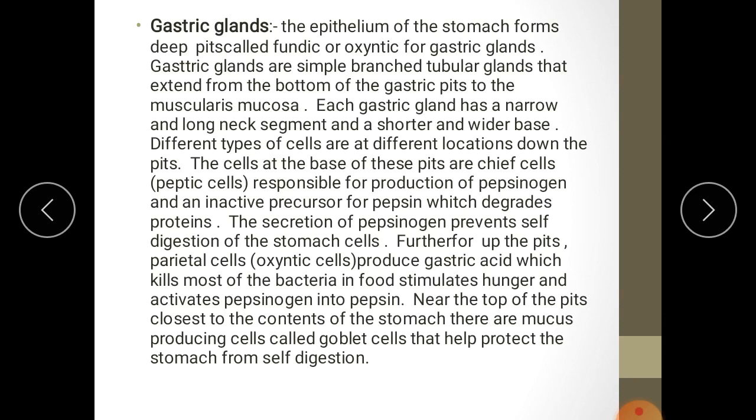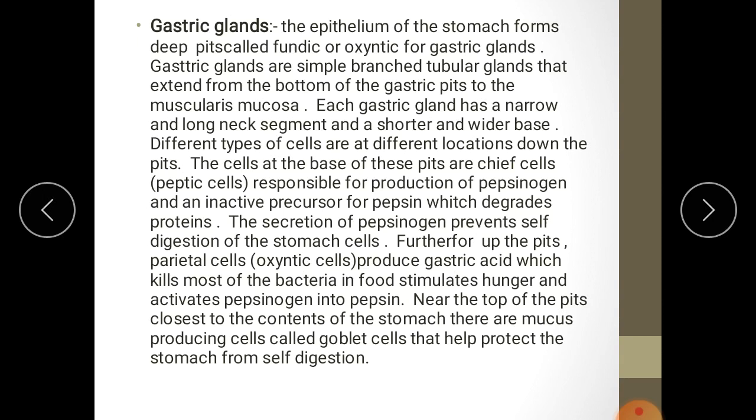So chief cells, also called peptic cells, are responsible for the production of pepsinogen, an inactive precursor of pepsin, which degrades proteins. For protein digestion, it is essential. Pepsinogen is converted into pepsin in the presence of HCl. Pepsin is essential for the digestion of protein in the stomach.